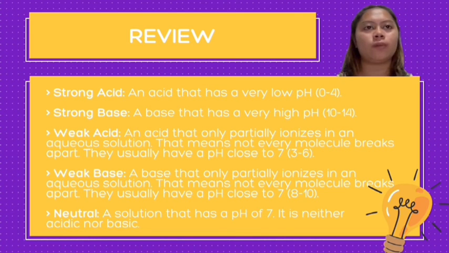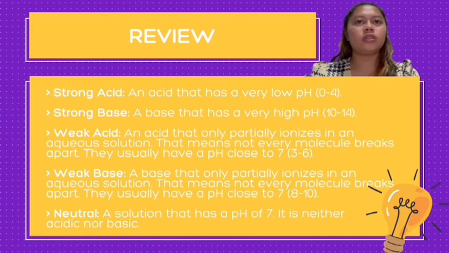They usually have a pH close to 7, of 3 to 6. Weak base, a base that only partially ionizes in an aqueous solution. That means not every molecule breaks apart. They usually have a pH close to 7, 8 to 10. Neutral, a solution that has a pH of 7. It is neither acidic nor basic.